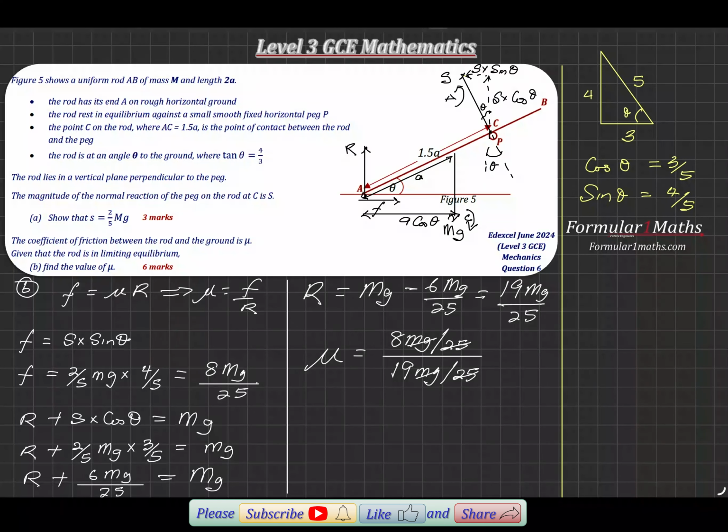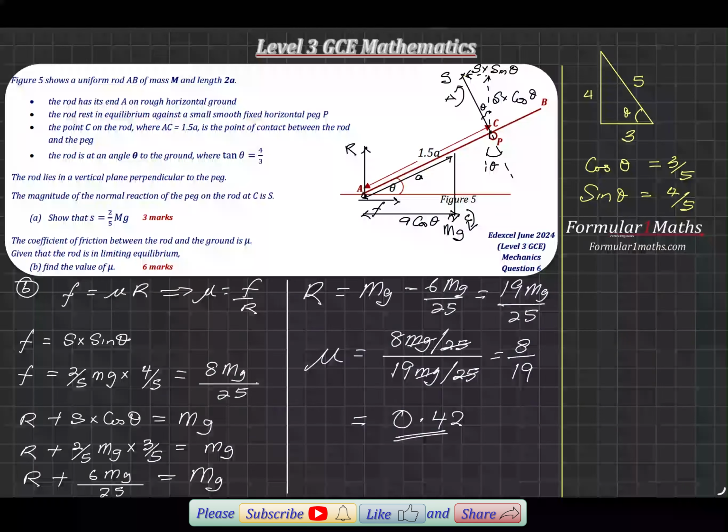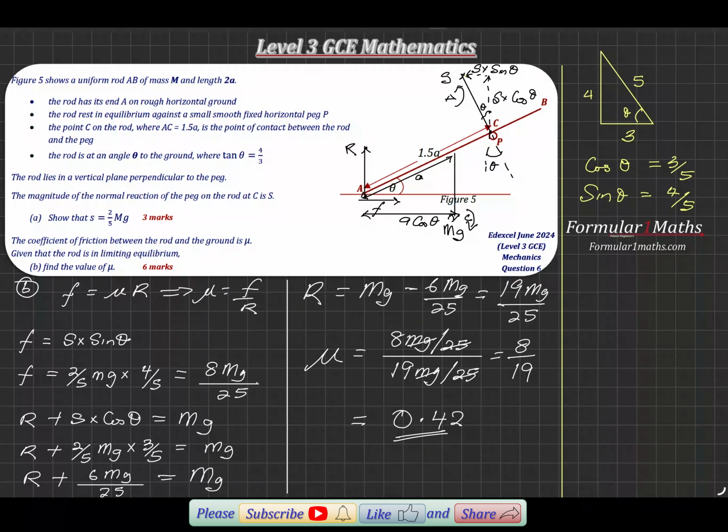And so I finally end up with 8 over 19. And 8 over 19 will be the same as 0.422 to 3 significant figures. And so that's the value of mu required. And this is the answer to part B of this question.